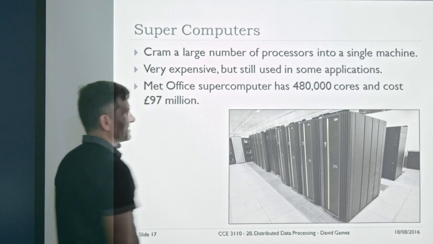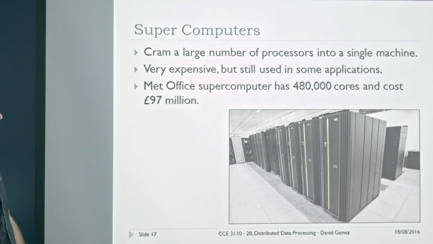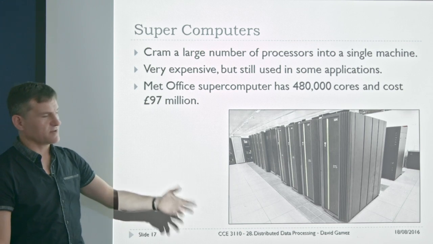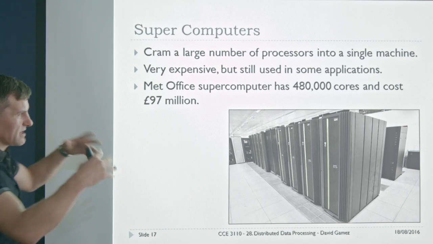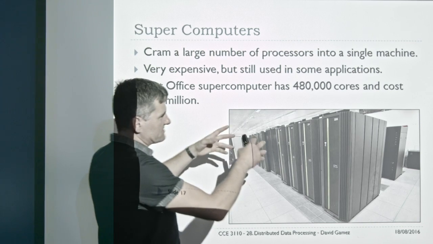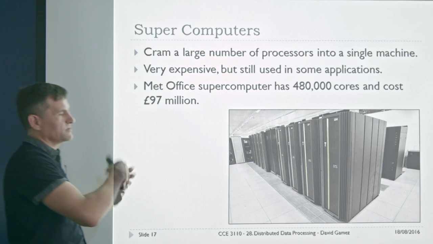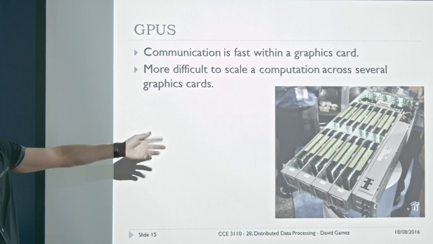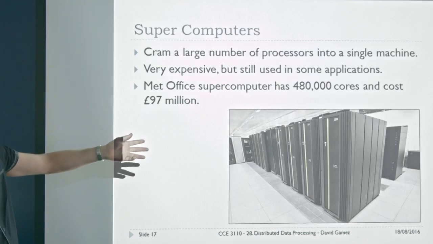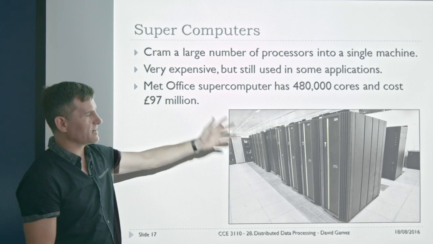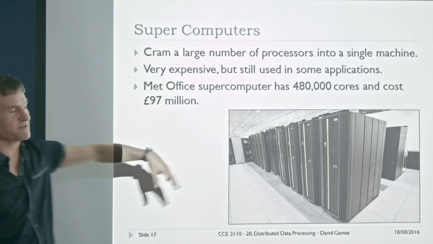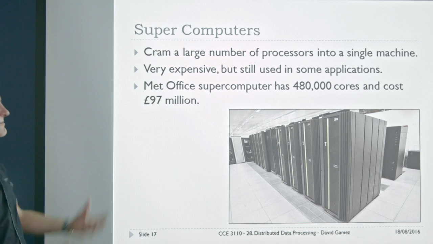It's got almost 500,000 cores and costs almost 100 million quid. So it's not for word processing at home. I imagine they've got very high-speed communication within the supercomputer, which is its advantage, so you're getting over this problem of distributing things over multiple cores. They'll have some pretty fancy buses, I imagine, for shifting data around so that the cores can collaborate very fast.